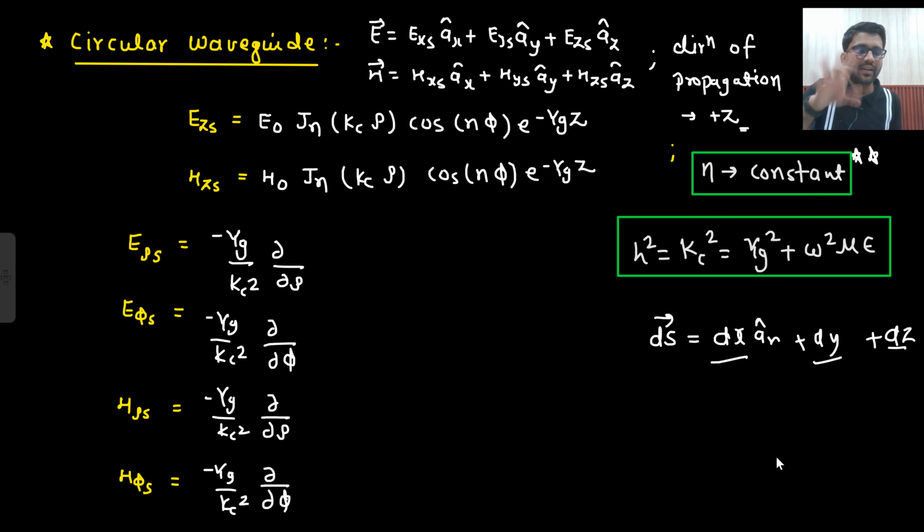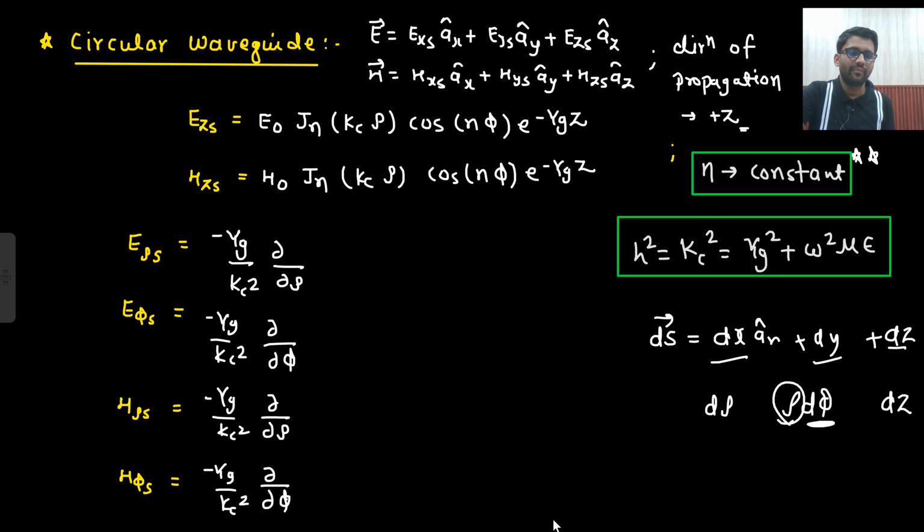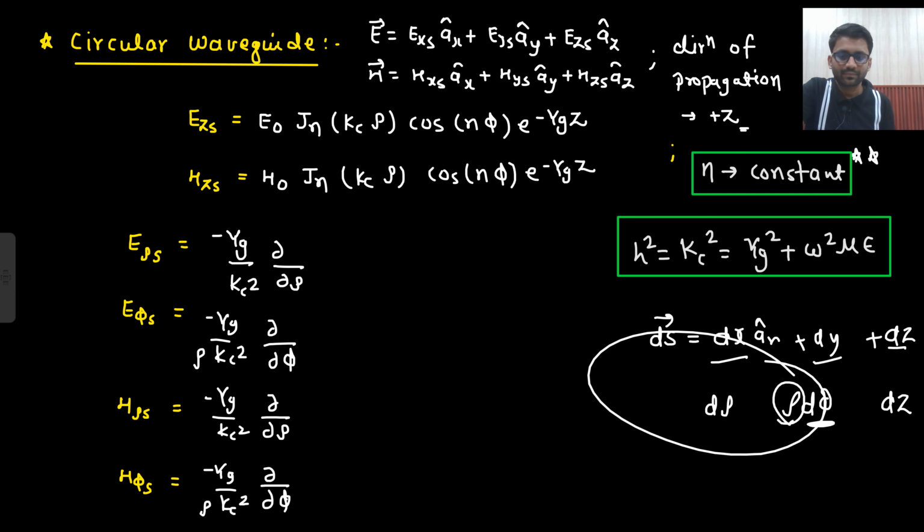Now for cylindrical coordinate system, what did you used to write down? D rho, rho d phi and dz, if you remember it. So d phi never comes alone, it comes with rho. Are you able to write down this thing? Say yes or no? Minus gamma upon h square, I wrote it in a similar manner. D phi never comes alone, it comes with rho. Is that clear?